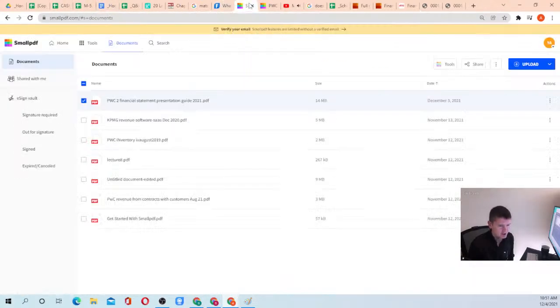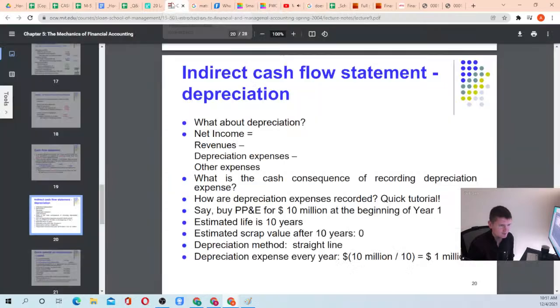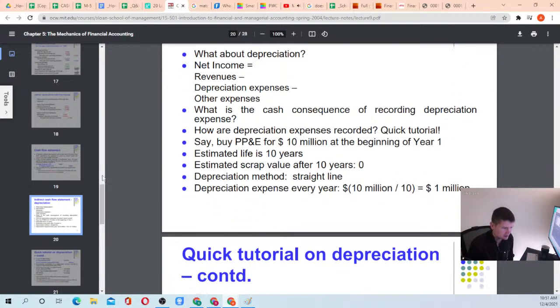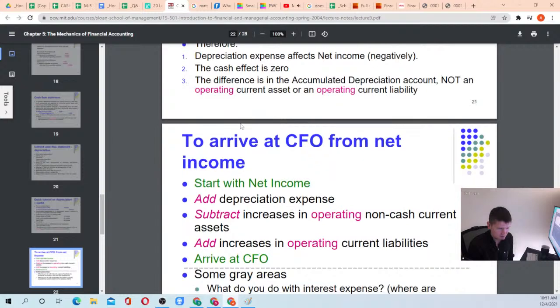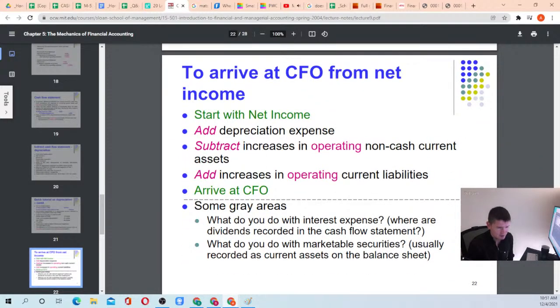We can imagine a situation when we have only a depreciation expense for the period, and we have a loss for the period because of that depreciation, but we have not lost cash in that case. Here they tell us how to record depreciation to arrive at cash flow from operations from net income, and we will practice that in our next video.